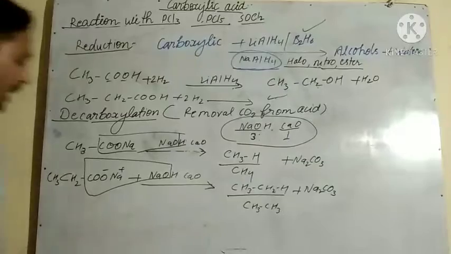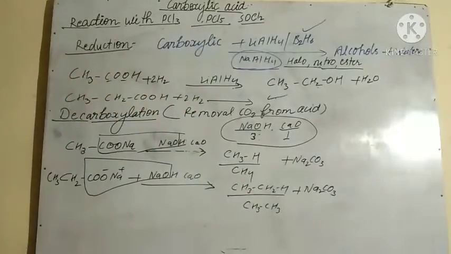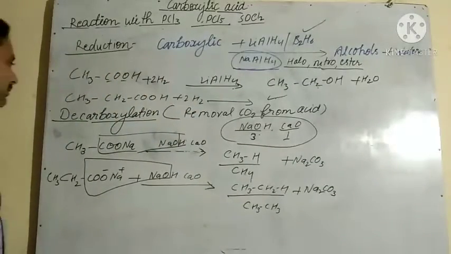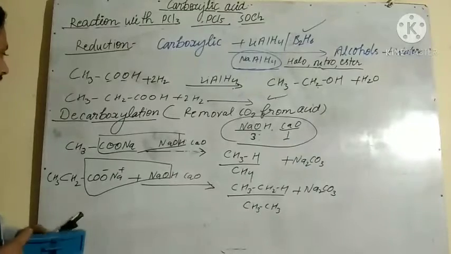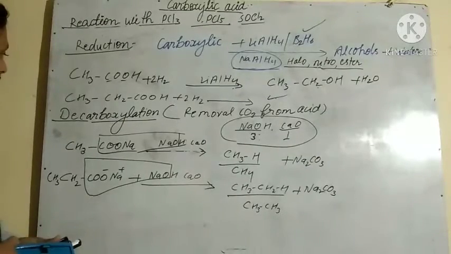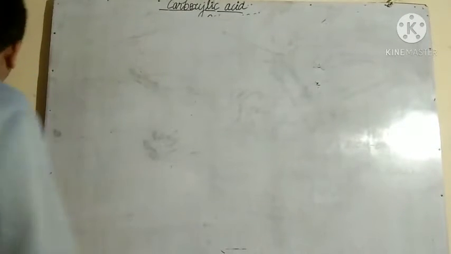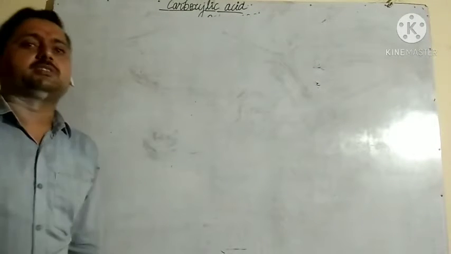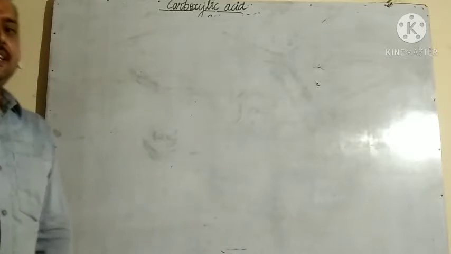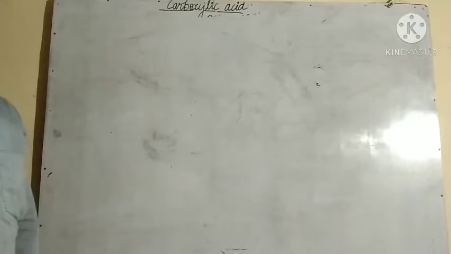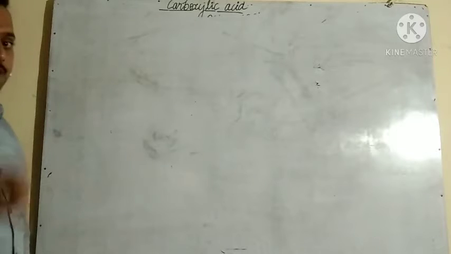But instead of this, if we electrolyze the potassium salt of a fatty acid, it gives an alkane. So what I told is that when the sodium or potassium salt of a fatty acid is electrolyzed, it gives a hydrocarbon, and that process is called the Kolbe process.